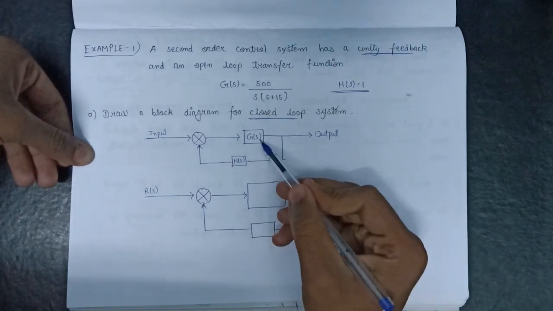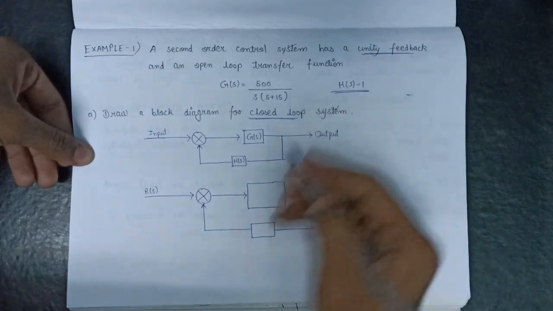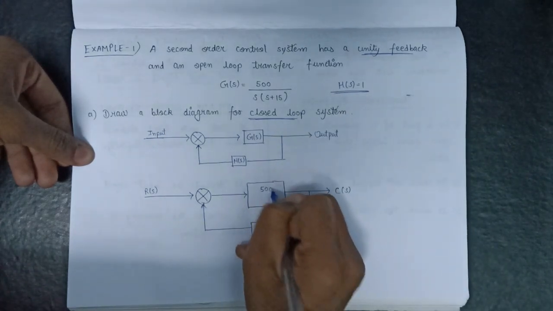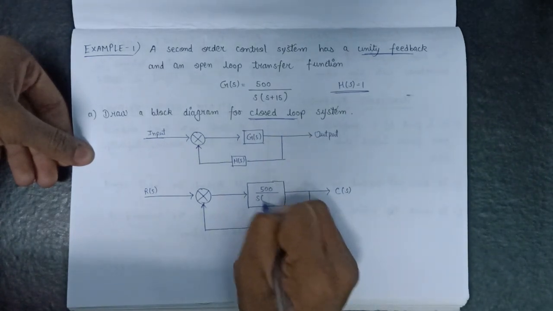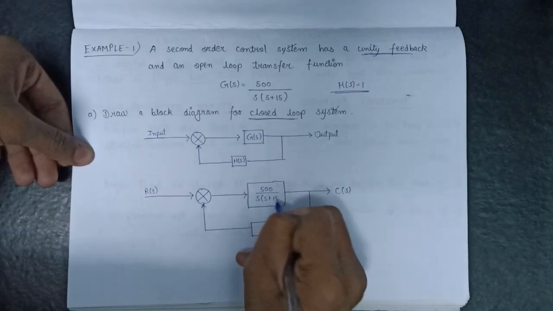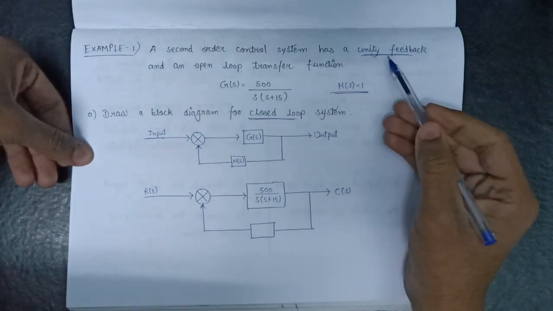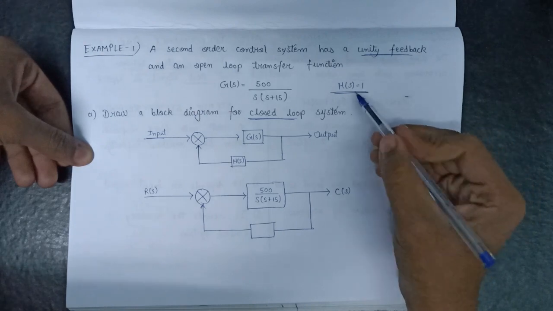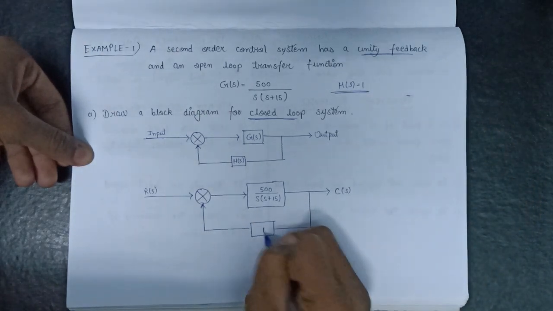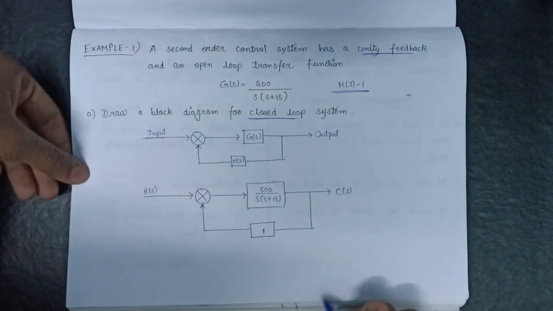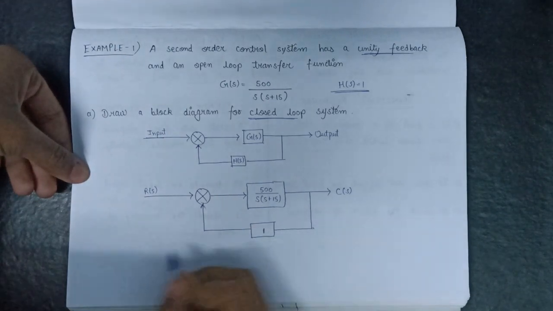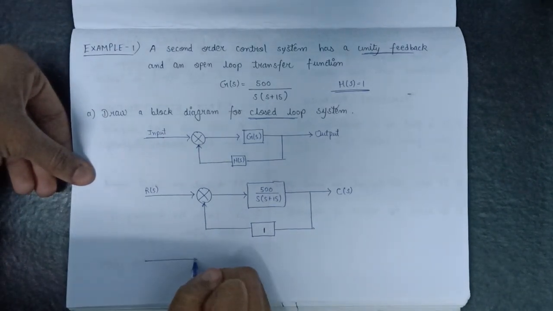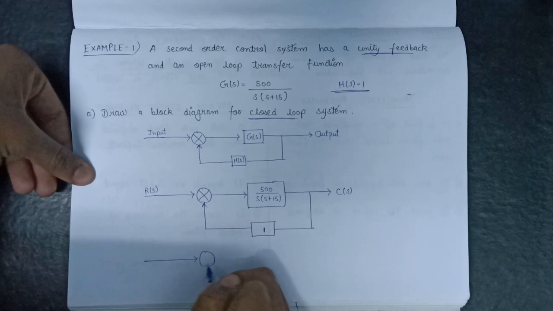Since here the G of s value is given as 500 over s into s plus 15, and since it is a unity feedback system, H of s value is 1 only. So if we neglect it and modify this system, then it will look like this.